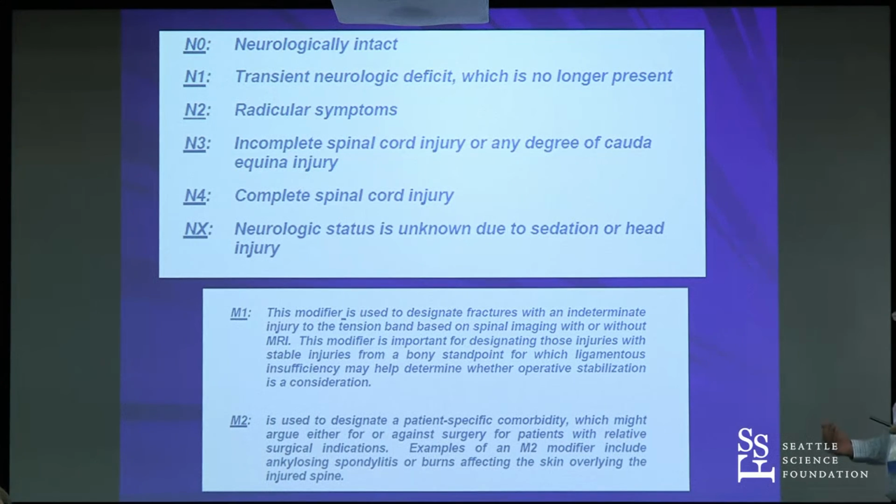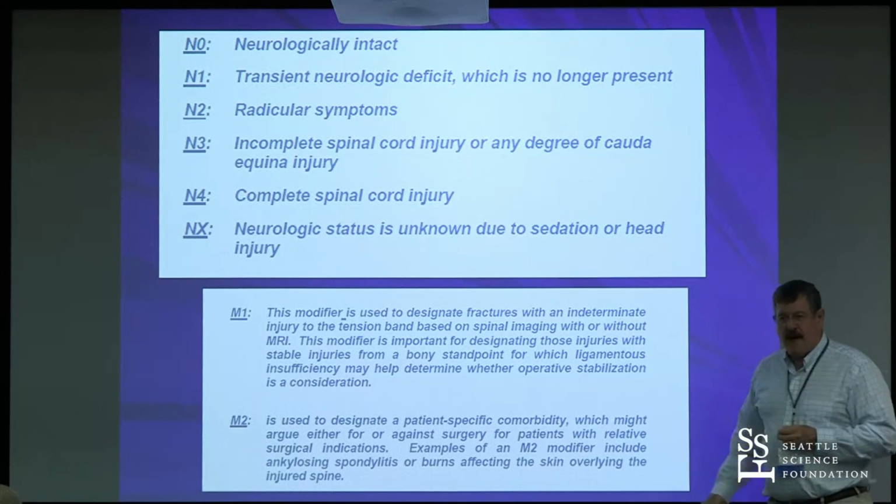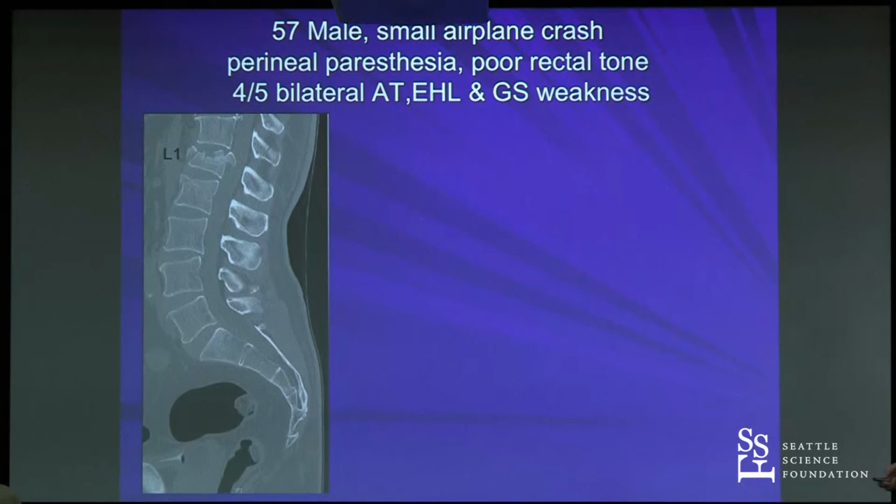Like the ankylosing spondylitis that dictates that. It might be multi-trauma that dictates that, burns. But there's something beyond the fracture itself that is going to alter our treatment. Like we talked last night, there's what we would do ideally and what we have to do based on the circumstances. So you can put that modifier on to indicate that that's the case.